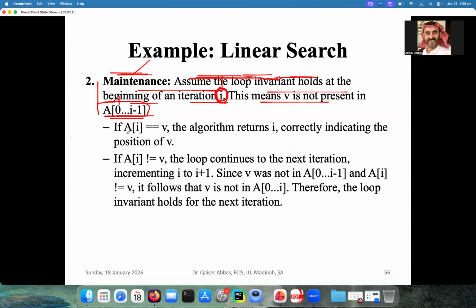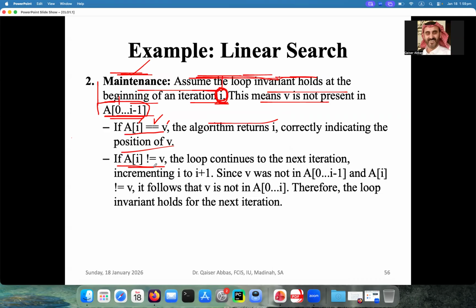Then according to the algorithm, when iteration I executes, we check if A[I] is equal to V. If it is, then the algorithm returns I, which is the location of the element, correctly indicating the position of V. Or if A[I] is not equal to V, if this condition is false, then the loop continues to the next iteration.